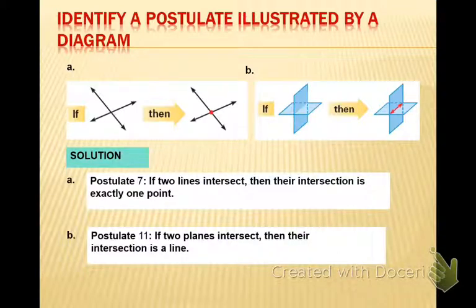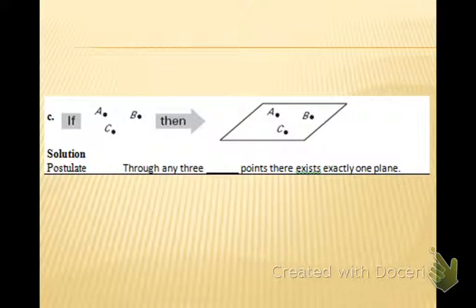If you have point A, B, and C there, Tova? Postulate 8, which says through any 3 non-collinear points, there exists exactly 1 plane. Good. Non-collinear.